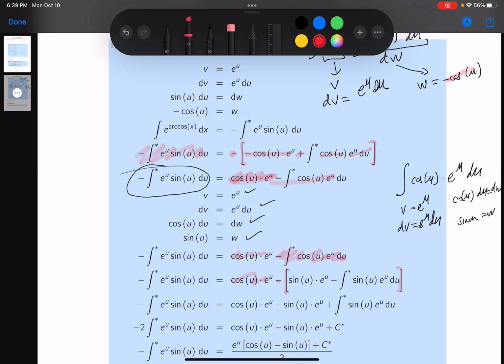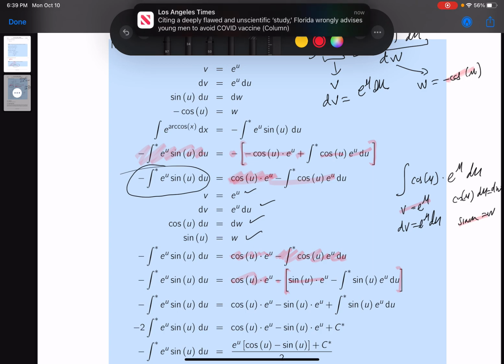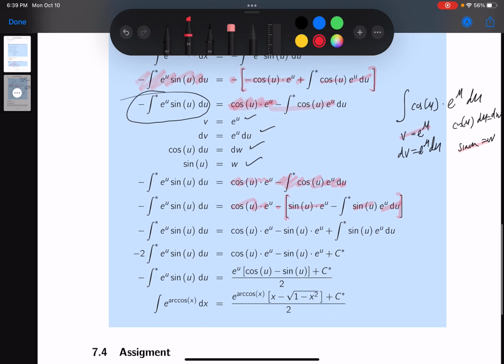And what do you get? You get vw, which is e to the u sine u. That's right over here. And then what do I get? Let's see. I said dw is cosine u du, so I get sine u, and then I get e to the u du. All right? I'm going to get rid of the grouping symbol. One step at a time. I got this, and I get this, and I got this over here.